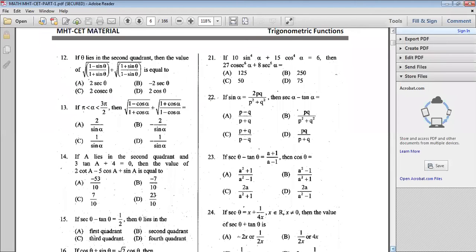Pi less than alpha less than 3 pi by 2, then under root 1 minus cos alpha upon 1 plus cos alpha plus under root 1 plus cos alpha upon 1 minus cos alpha. So in the same way, we can solve this problem also.